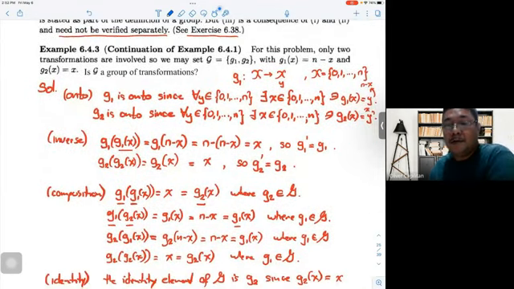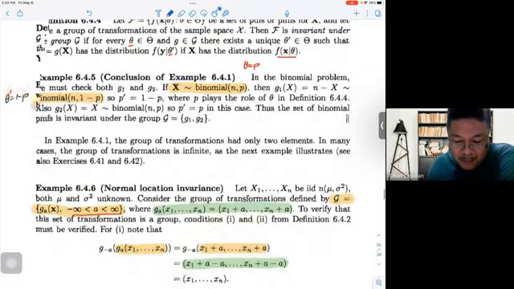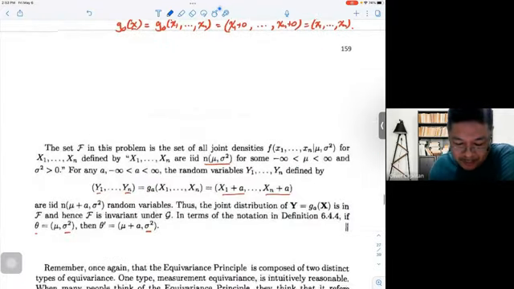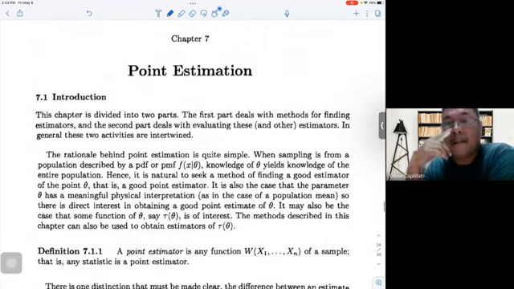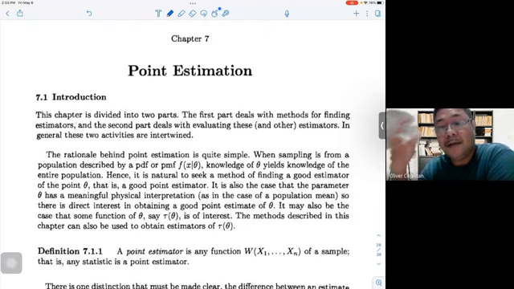Okay, so any questions or clarifications? This is the last part of chapter 6. After that, we're going to proceed to chapter 7, which is point estimation. So in chapter 6, we have the data reduction techniques.